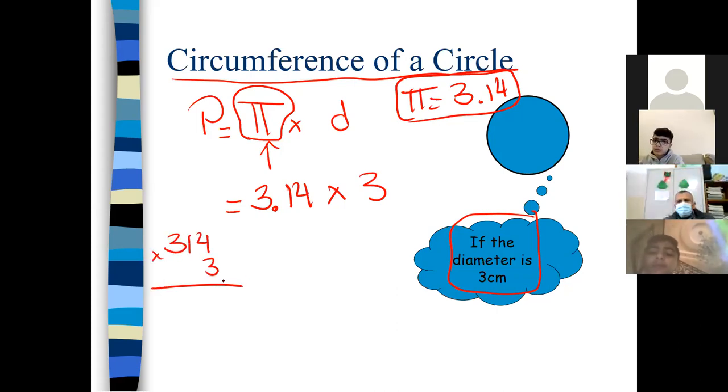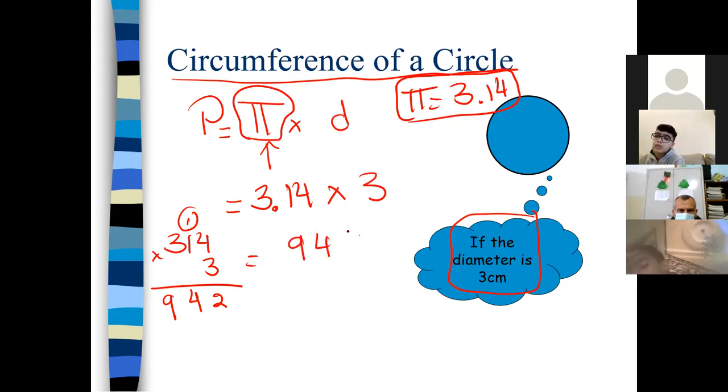At the end, I place the point. 3 times 4, how much? 12. So 2 down and 1 up. 3 times 1? 3, plus 1 is 4. 3 times 3? 9.